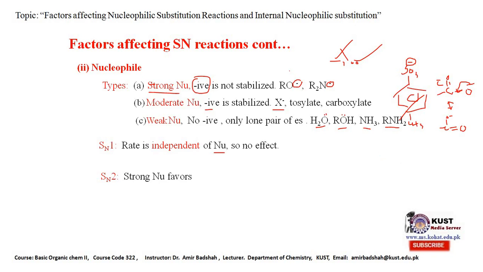Definitely, a strong nucleophile will favor the SN2 reaction compared to a moderate or a weak one. So we can easily say that a strong nucleophile favors the SN2 reaction, and a weak one favors the SN1 reaction.